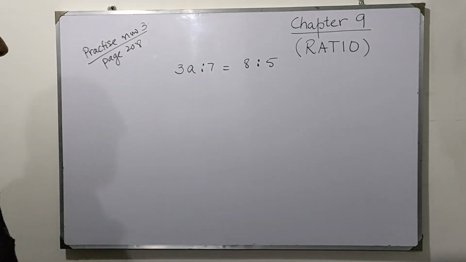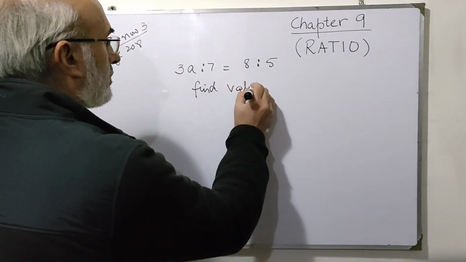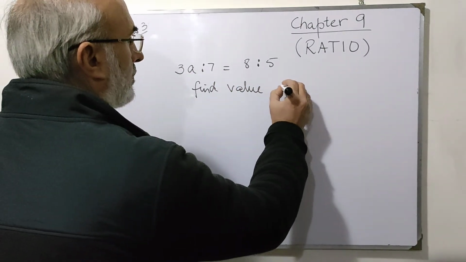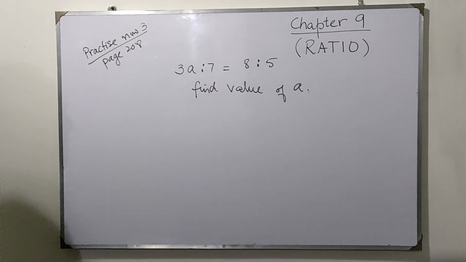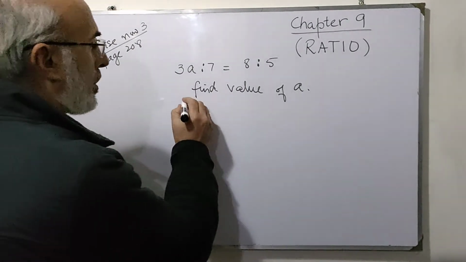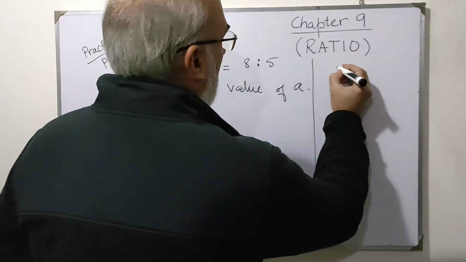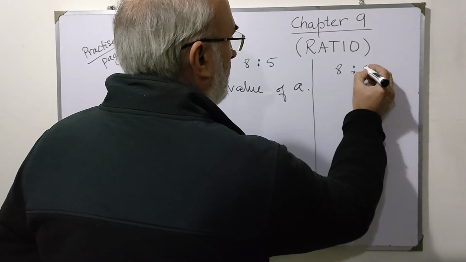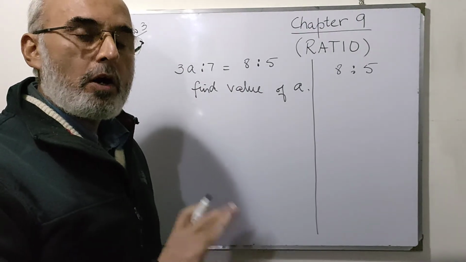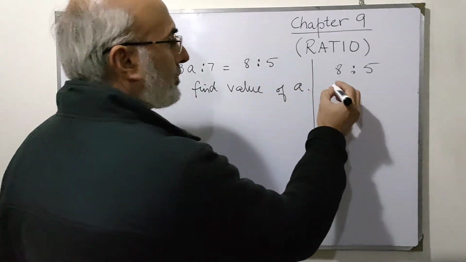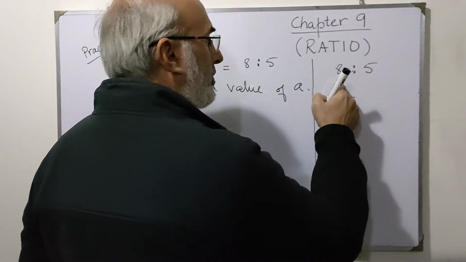Now in this case we have to find a. Now what do we have to do? Before we solve this, whenever we have a ratio like 8 is to 5, this can also be written as 8 divided by 5.